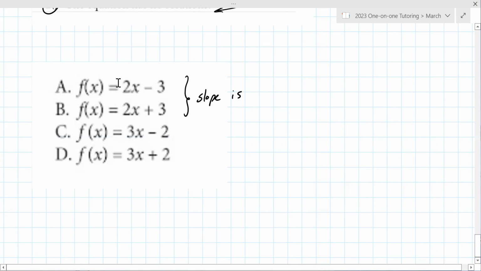The slope is the number in front of x. Oh, it's the same. Same slope. Slope is the same. You could say its value is 2. Good. Same thing with the next two, right? All right. What else do you see that's maybe same or different here?